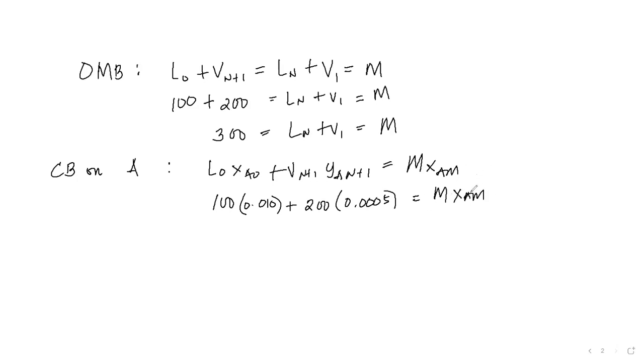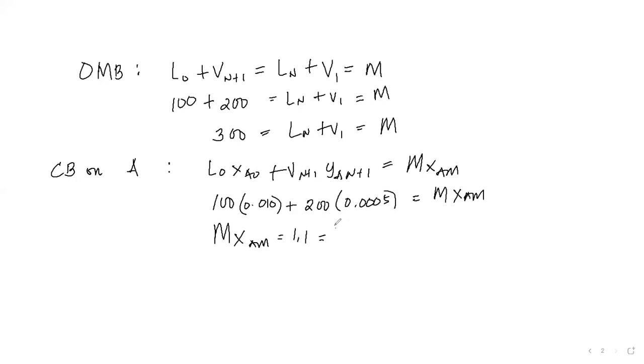Both of these will not be changing whatever I equate them to in here. So there's no need for you to individually determine XAM or M for that matter. Now, the product of these two will be equivalent to 1.1.